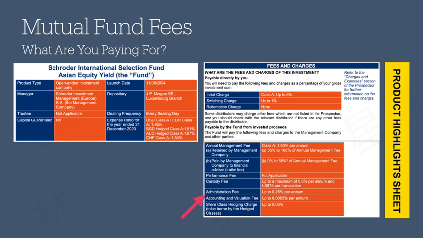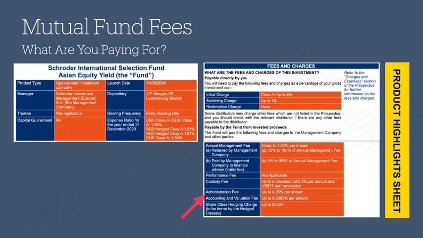The second part are fees payable by the fund from invested proceeds, which basically means they are the ongoing fees embedded within the NAV calculation. Here you can see the management fee for A share class is 1.5%, and it further breaks down and states that up to 65% of the management fee can potentially be paid to distributors as trailer fee.